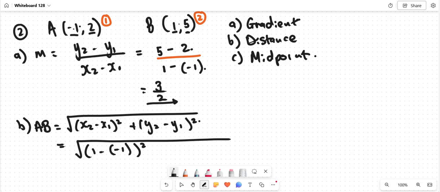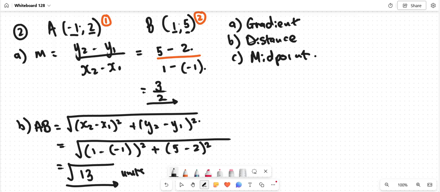Again, be careful if you're subtracting something that is already negative. And then this one will just be 5, subtracting a 2, and you square that. If you plug this into your calculator, it gives you that the distance of AB is the square root of 13.